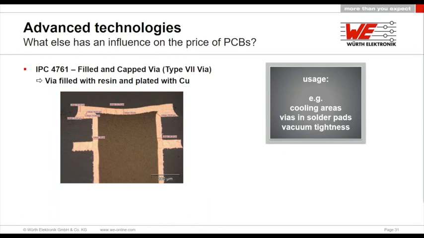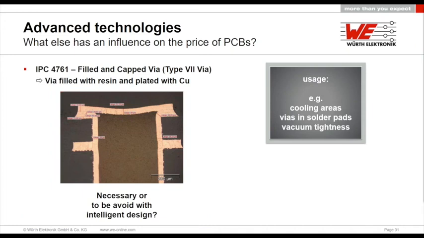Examples are cooling areas, so that you place wires in big ground areas so that the components are cooled down and the heat is transferred to the backside of a board. If you have wires in solder pads, you would use this so that the solder doesn't flow into the hole. Or if you need a vacuum-tight PCB so that no air exchange can happen from front to backside.